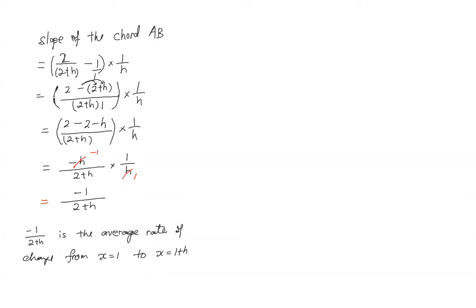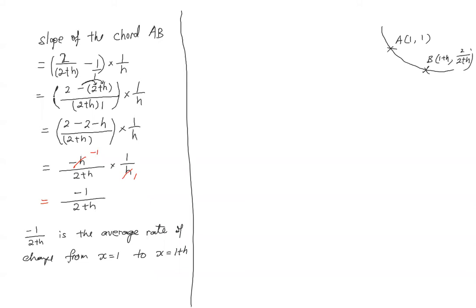Am I right? Now, our objective is not to find the average rate of change. Our objective is to find the instantaneous rate of change at the point A here, which is (1, 1). My point B is here, (1 plus h, 2 over 2 plus h). So this is where our limit is going to come in.